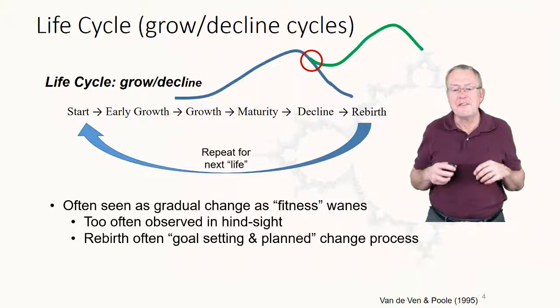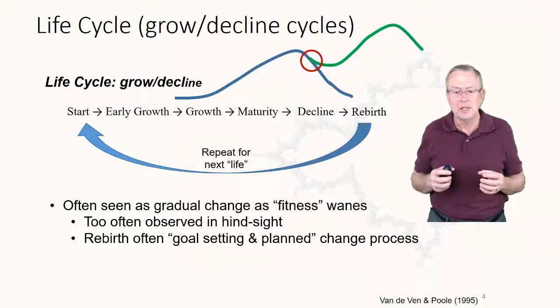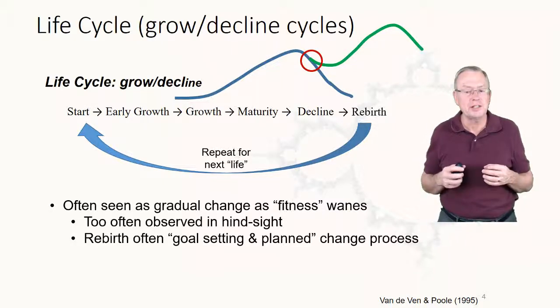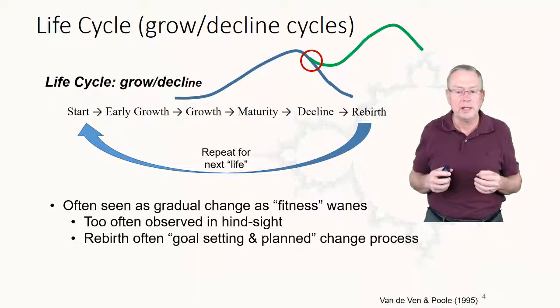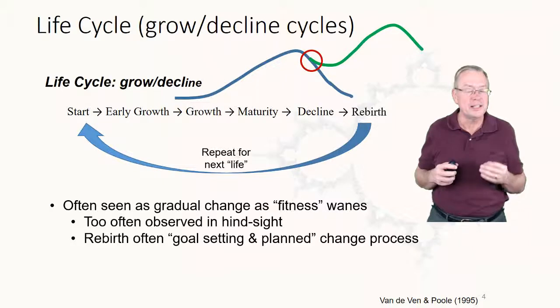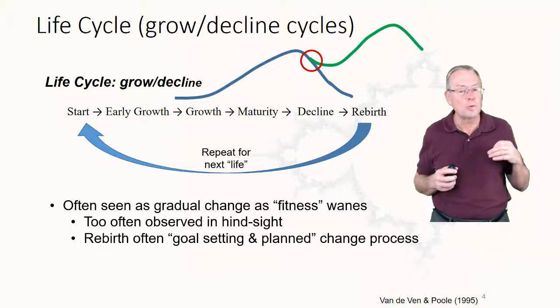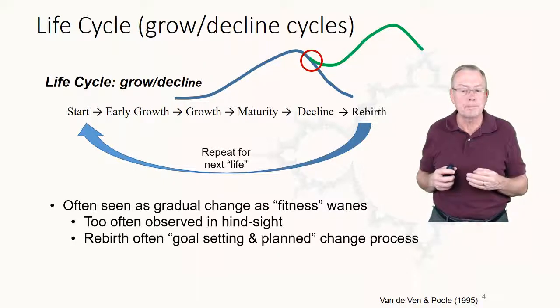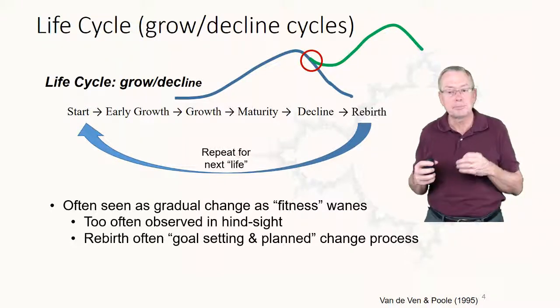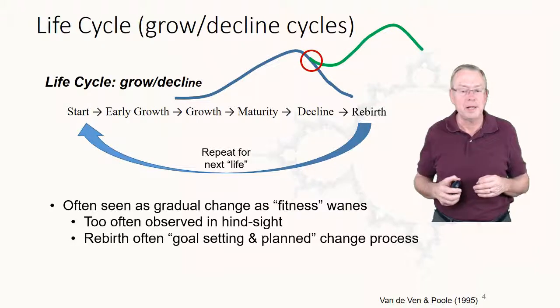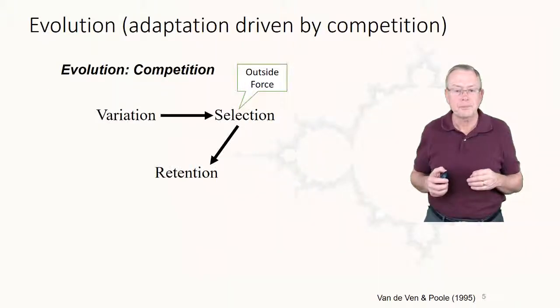So this is seen as a fitness situation, in that there's gradual change that's required as the fitness of the organization wanes. Too often, seen in hindsight, again, gets back to being proactive. The rebirth then often becomes a goal setting and plan change process if anticipated earlier.